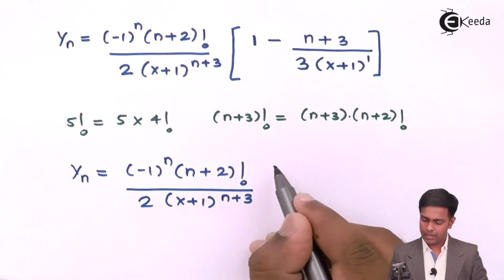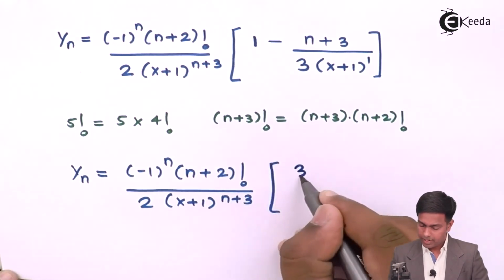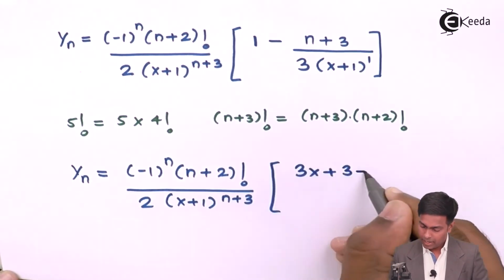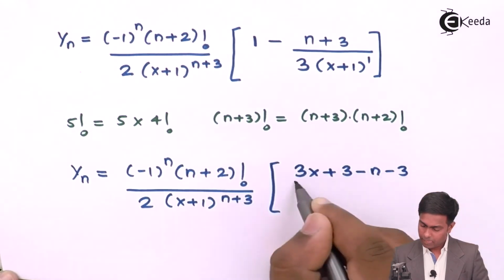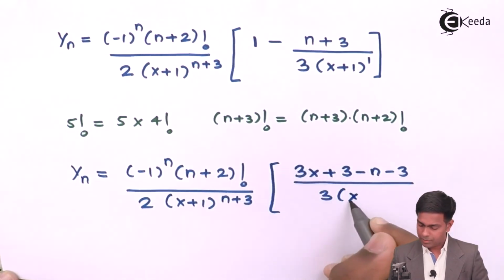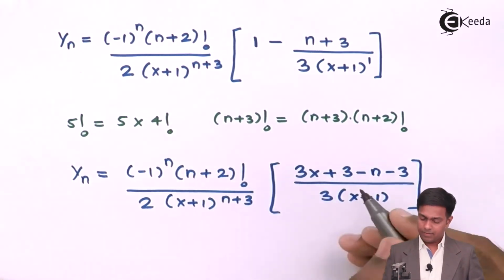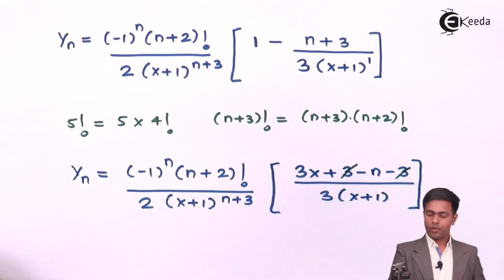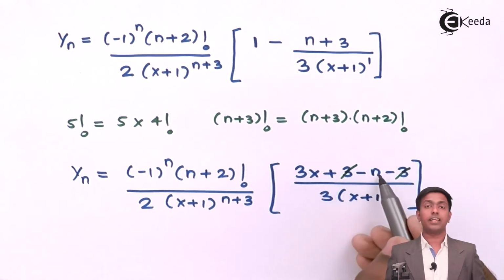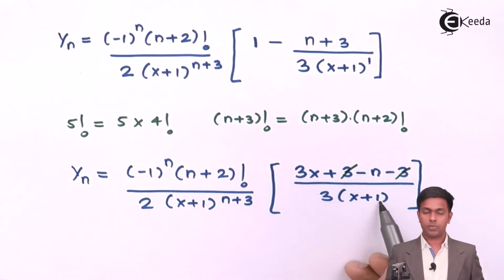If I cross multiply it, here we will get 3x plus 3 minus n minus 3 upon 3 times x plus 1. Now guys, out of that I can cancel this 3 with 3. So we'll get 3x minus n in the numerator and 3 upon x plus 1 in the denominator.